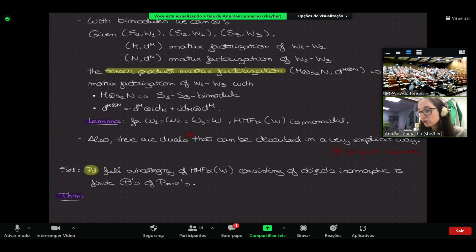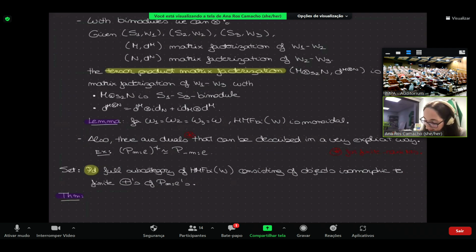But let me not go into too much detail and give you an example of how these work. The right dual of a permutation type matrix factorization is given by this permutation type matrix factorization. So I promised these guys were going to be important. They're going to be very, very crucially important.